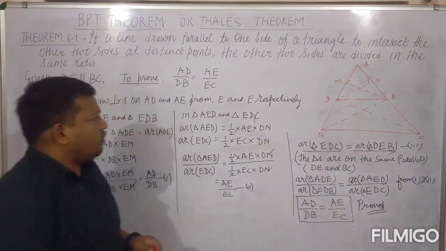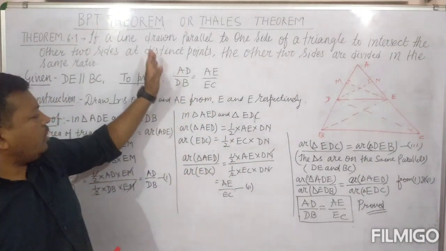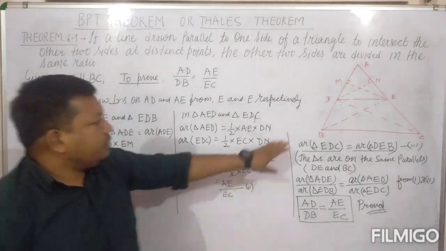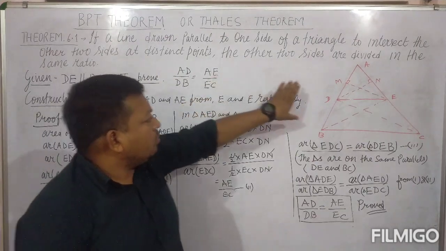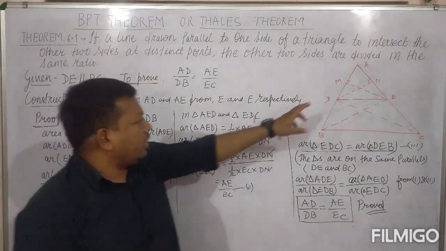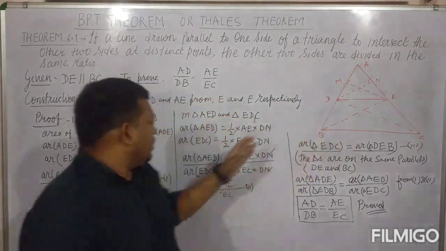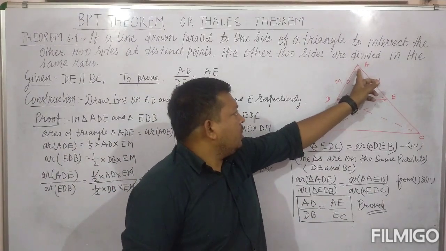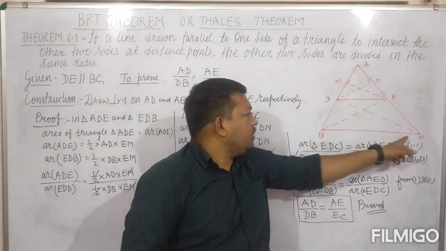This is the Thales theorem, and this is the way Thales theorem can be proved. First, draw a triangle and note down the given things. Then take the areas of triangles ADE and EDB and find the ratio of the areas, and again do the same thing with triangles AED and EDC.